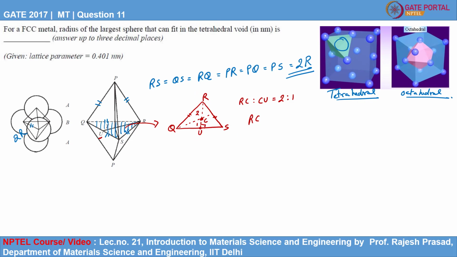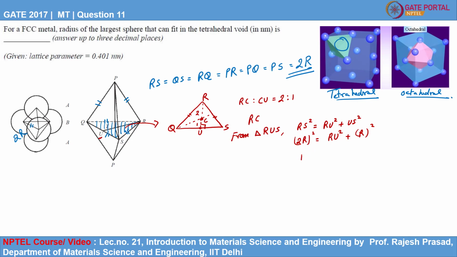So if you take triangle RUS, applying the Pythagoras theorem, RS square will be equal to RU square plus US square. Now RS is 2R, US is R, so (2R) square equals RU square plus R square.